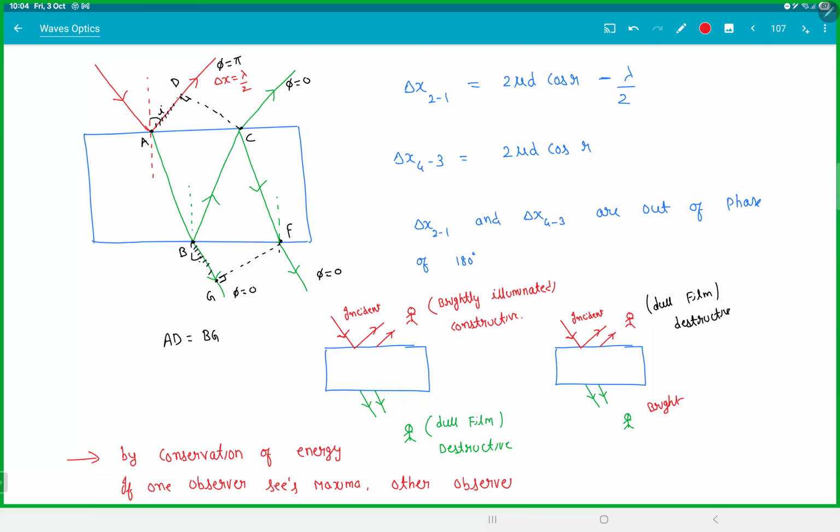And they'll not say constructive, destructive, they'll say bright film, dull film, something like that. Clear with this? This is the actual theory of this thin film interference. And this, what I taught you, is literally the question. Now you can have little variations here and there, but now let's see what is given in NCERT.